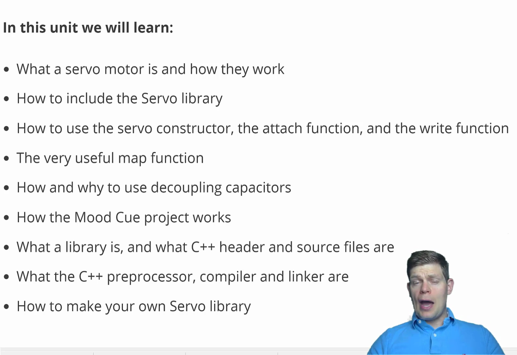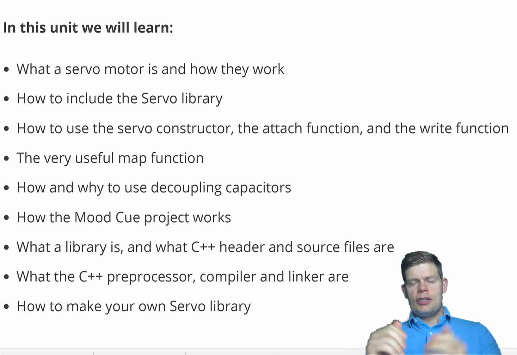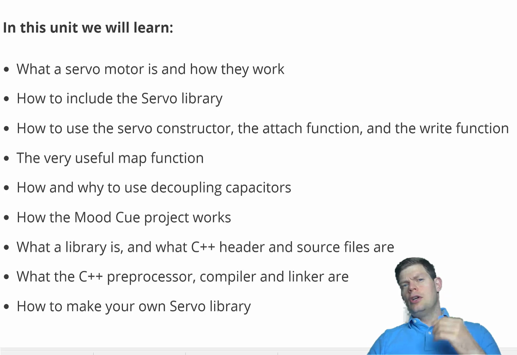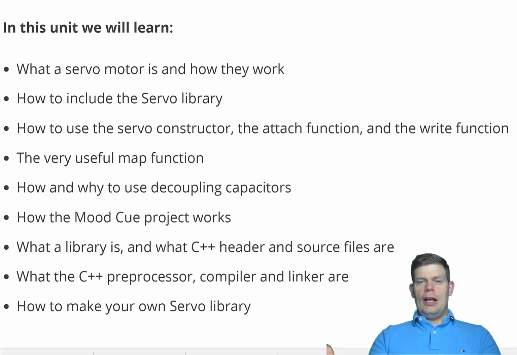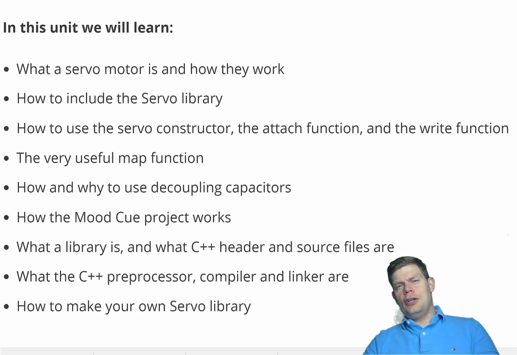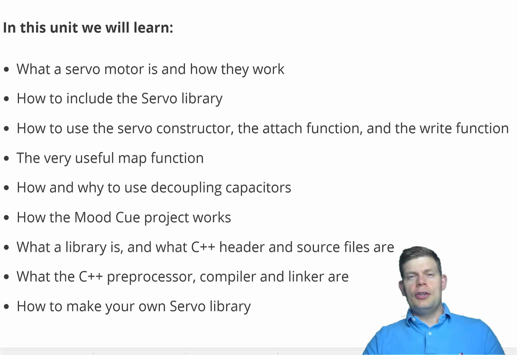We'll also talk about the map function, which is incredibly useful. It lets you take a range of values. You generally use it with analogRead. So let's say I'm reading from a photoresistor and, over the course of normal use, if I pass my hand over it, the reading will range from a low of 200 to a high of 900.